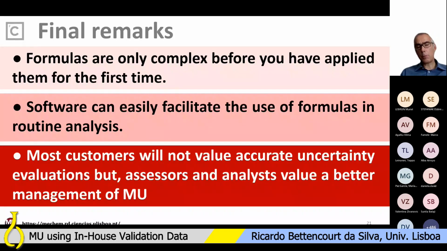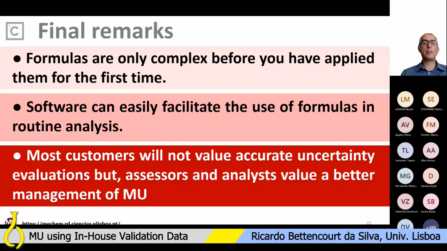So probably most customers from labs, and when I use the word customers, it can be anyone interested in your results, it can be your colleague from a research project, most customers will not value a more detailed evaluation of measurement uncertainty, but assessors will.